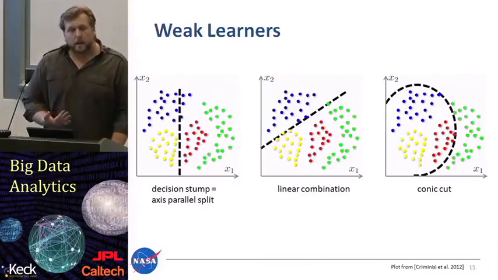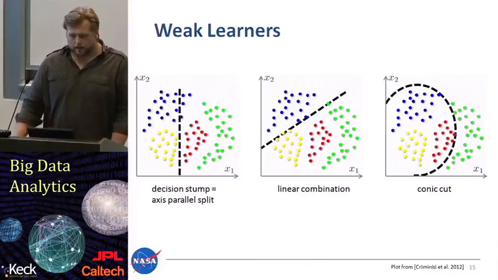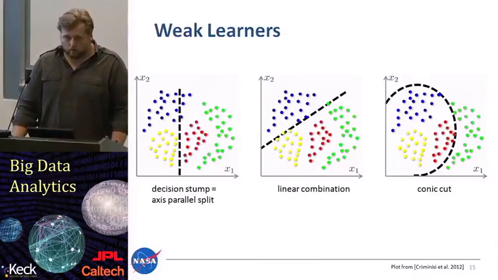In the example before, we used split nodes, also called weak learners, which were decision stumps. These are axis-parallel splits at each split node. But theoretically, we could use any kind of function at these nodes.